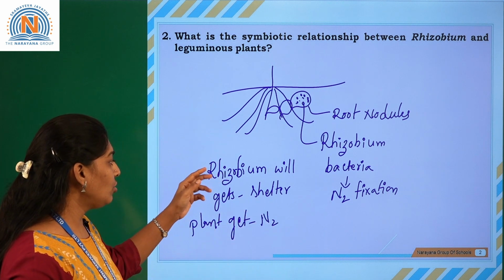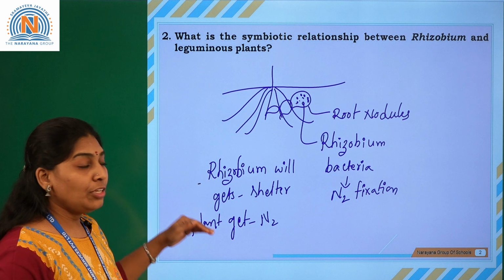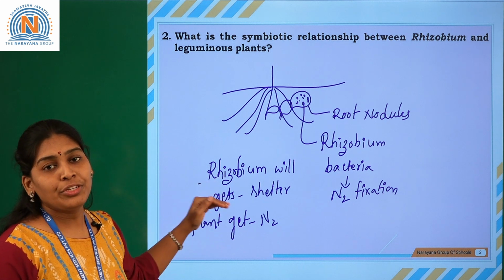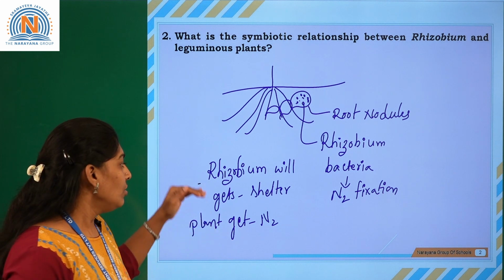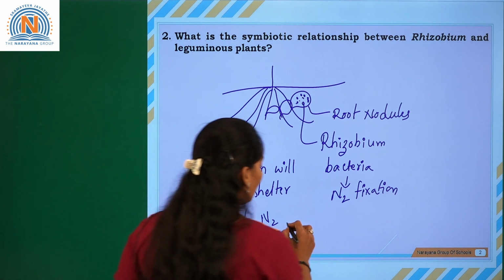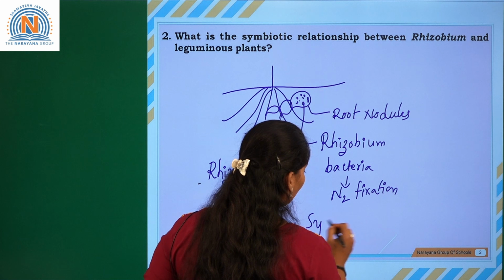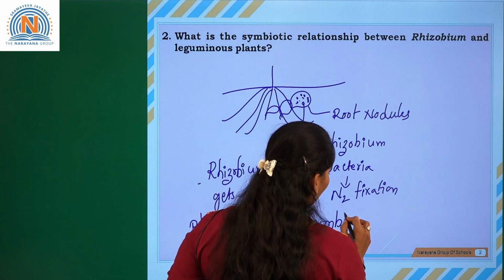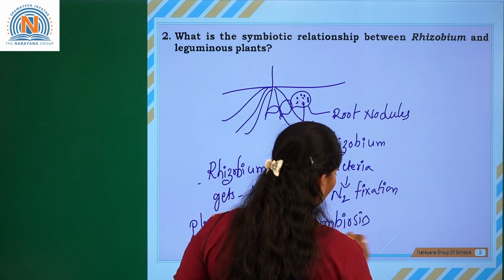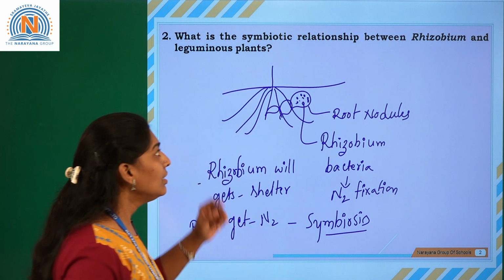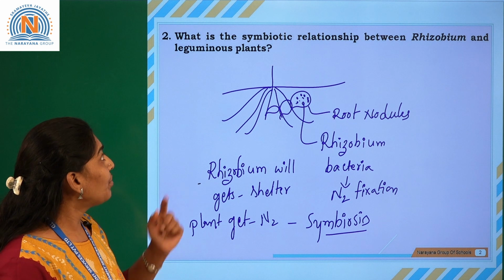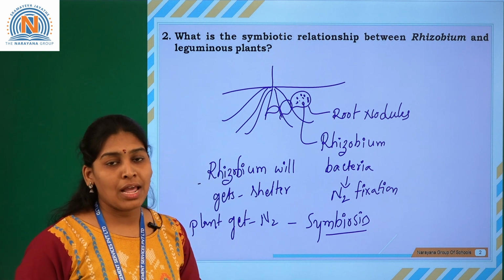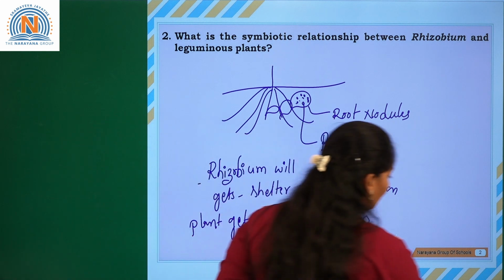So both of them cooperate with each other. This kind of nutrition we call symbiotic nutrition, and the process is symbiosis. This is the relationship between the rhizobium and the leguminous plants. Let us go to the next question.